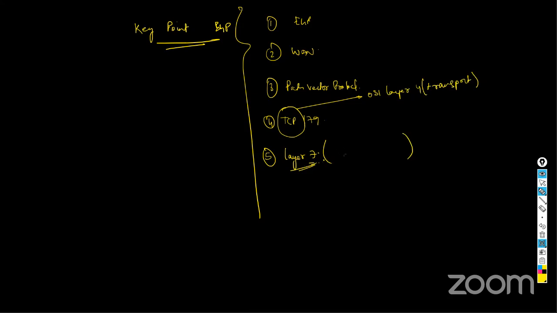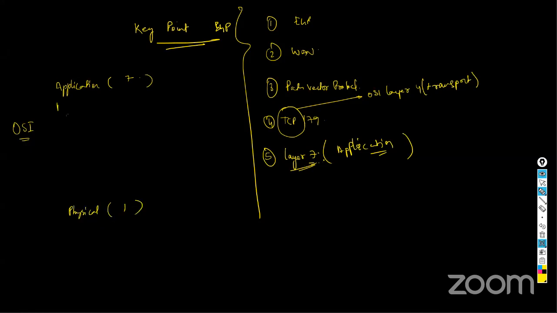Layer 7 is the application layer, right? Those guys who are not able to understand, we are talking about the Open System Interconnection OSI layers, which has 7 layers. Let's say this to be the 7th layer, down to your physical layer.